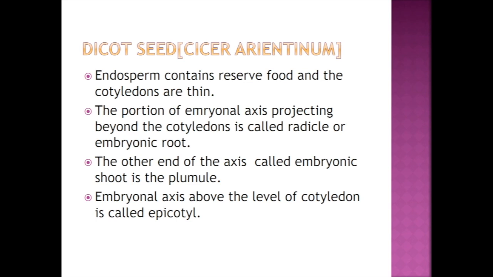The embryonal axis projecting beyond the cotyledons. The other end of the axis is the embryonic shoot or plumule. The embryonal axis above the level of the cotyledons is called the epicotyl.